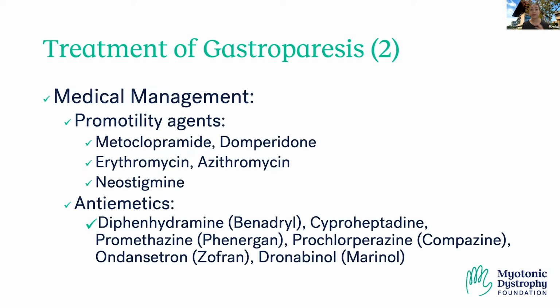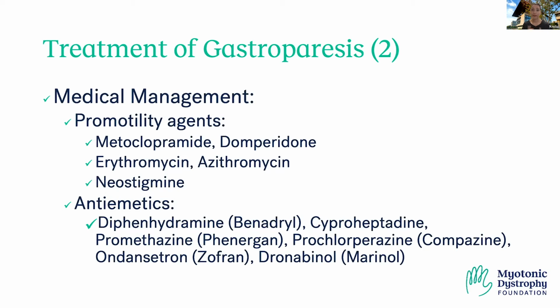If the treatment with the diet is not sufficient, we often use medications. The medications are either to enhance the GI motility, what we call the prokinetics or promotility agents, and they help with the strength and duration of the contractions, and cause the contents of the stomach to empty faster and more properly. There are different medications here.